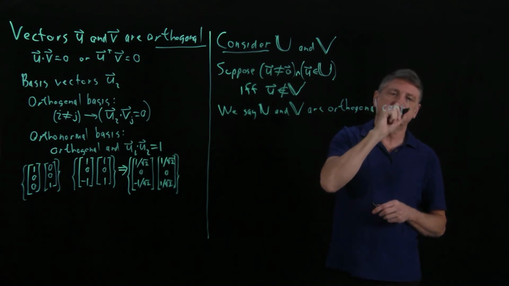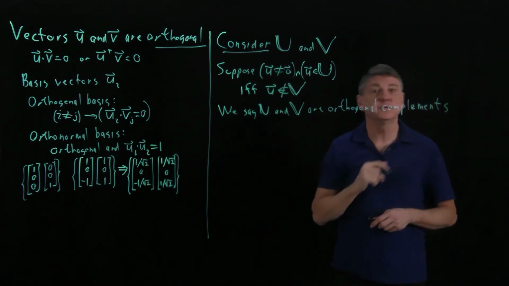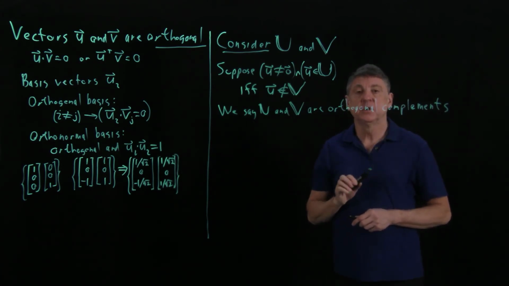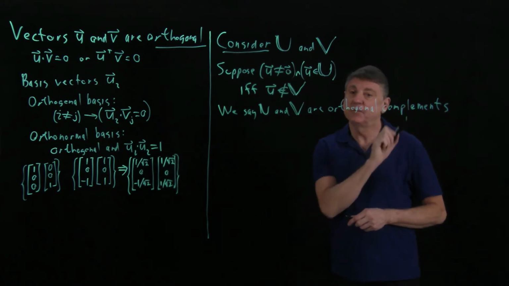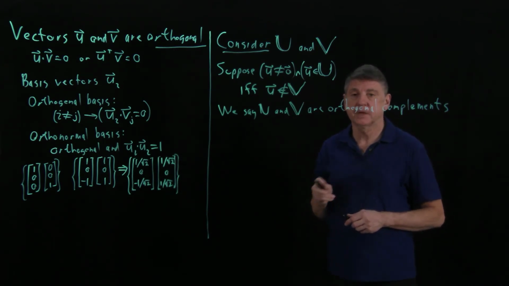And in the literature, you will see three terms used for these vector spaces. One is they're orthogonal complements, one is they're orthogonal, and one is they're complements. And they all mean the same thing.